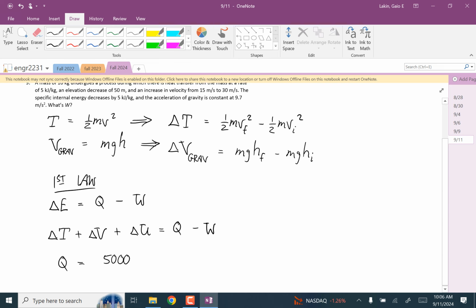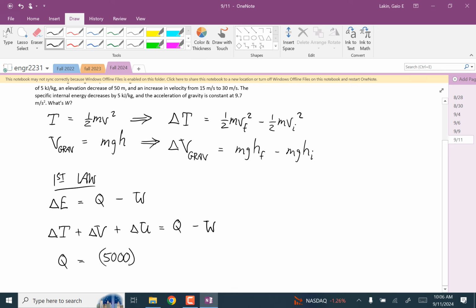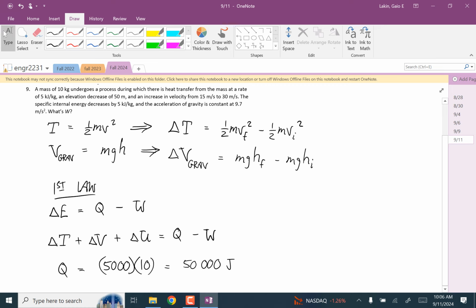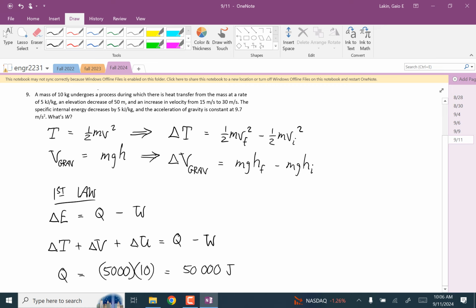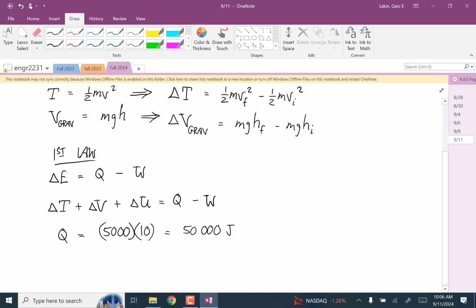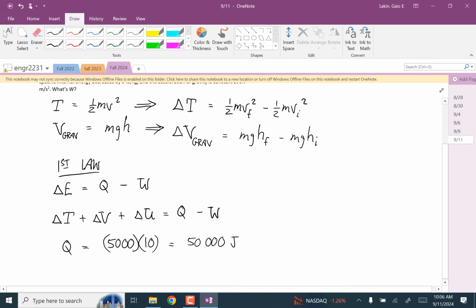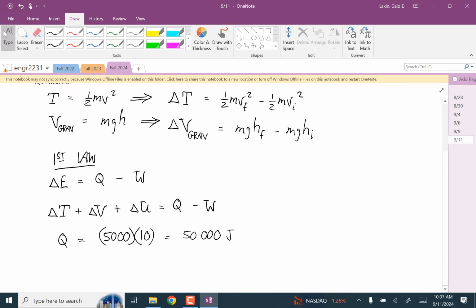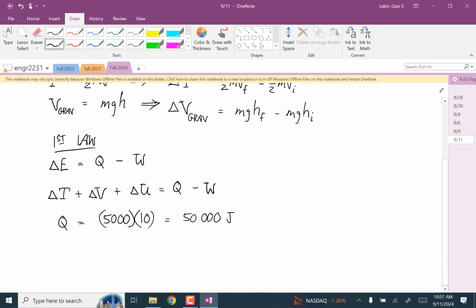And then this thing has a mass of 10 kilograms. So this is 50,000 joules. There is no work done on the surroundings. So now we just have to deal with these changes in kinetic energy, potential energy, and internal energy.